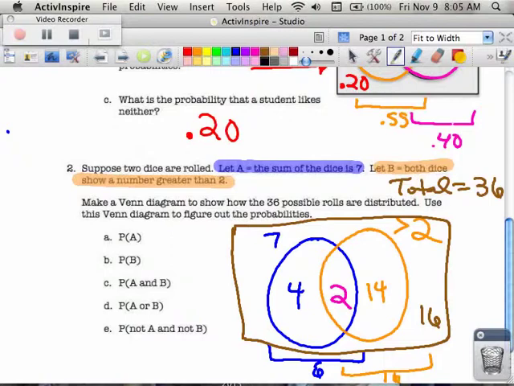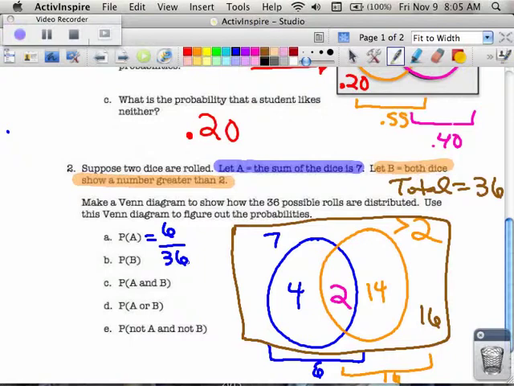Nope, sorry. 1, 6. Nope, sorry. Just out of the blue circle. Be brave. Be wrong. It's okay. So since there are 6 things inside of the blue circle, and there are 36 things possible, the non-simplified answer would be 6 out of 36, which of course your calculator can simplify to 1/6.